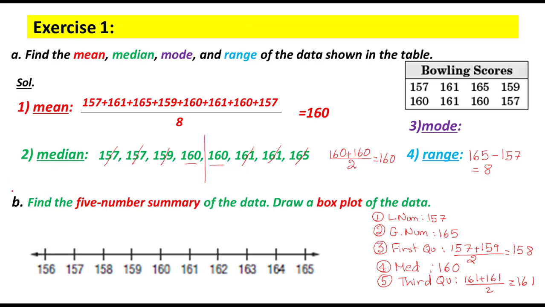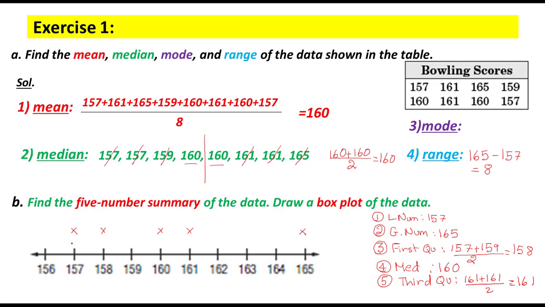Now I'm going to put the information on my number line. I'll move in sequence 158, 159, 160 until I reach 160. Then I'm going to plot my points: 157 first, and then 165 is the greatest. Then the first quartile is 158, and the median is 160, and my third quartile is 161.